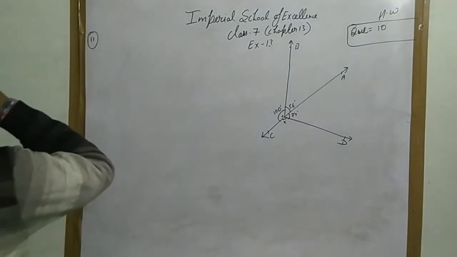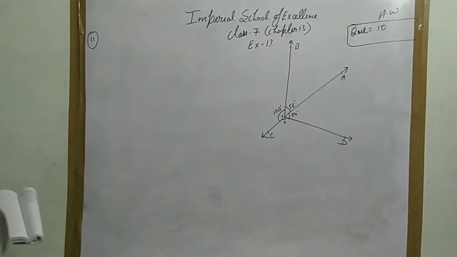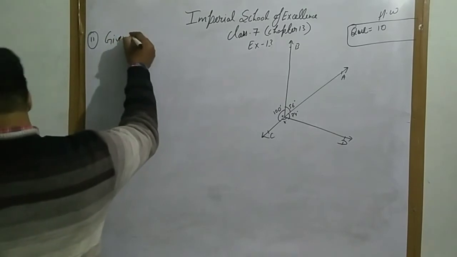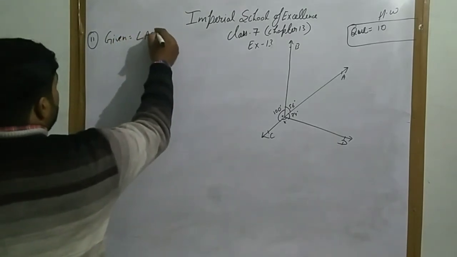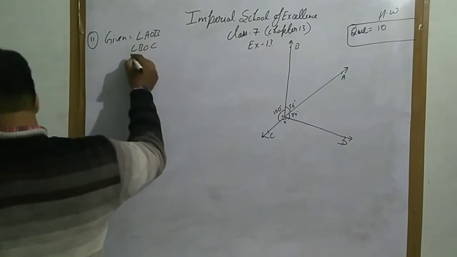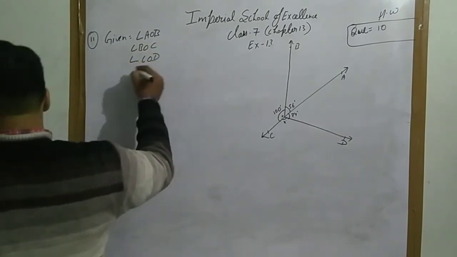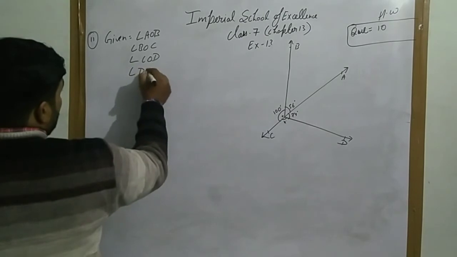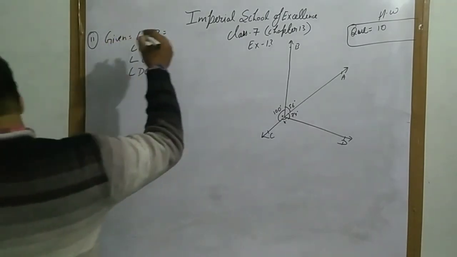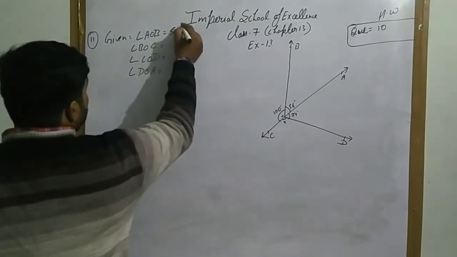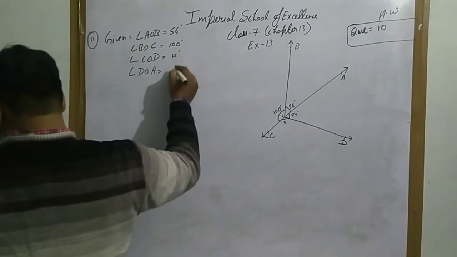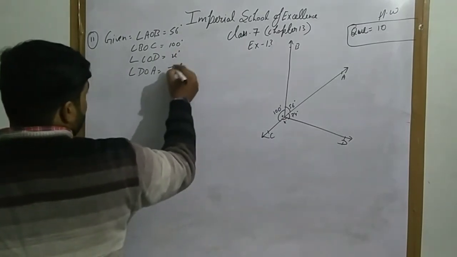Now in the given figure, OA, OB, OC and OD are such that, first of all write here given: angle AOB, angle BOC, angle COD, angle DOA are 56 degrees, 100 degrees, X degrees, 74 degrees.